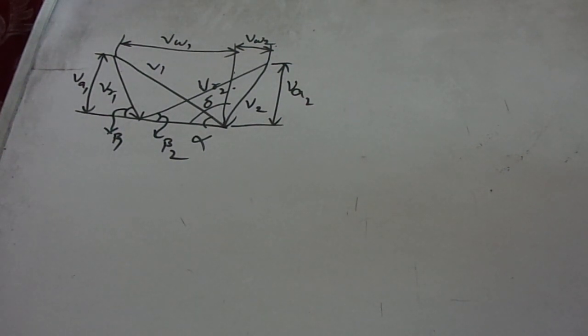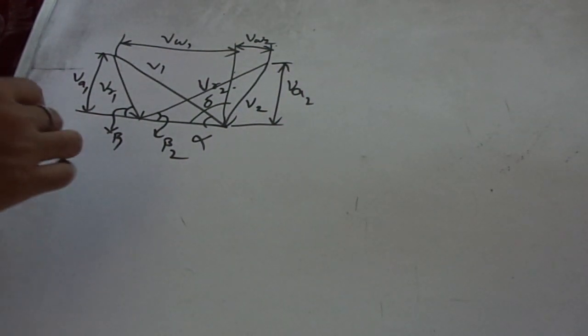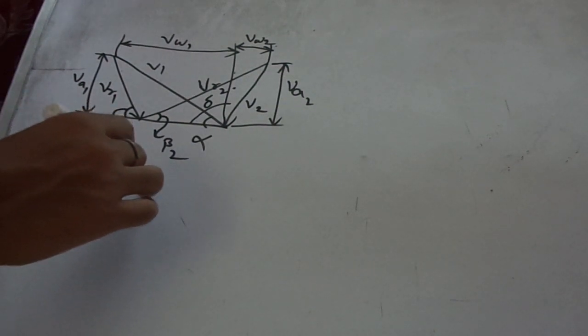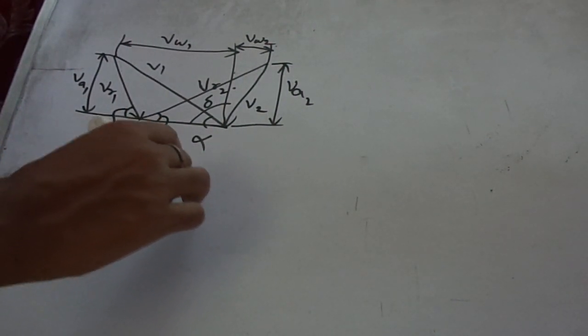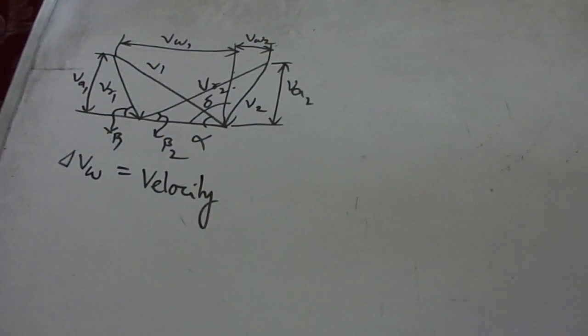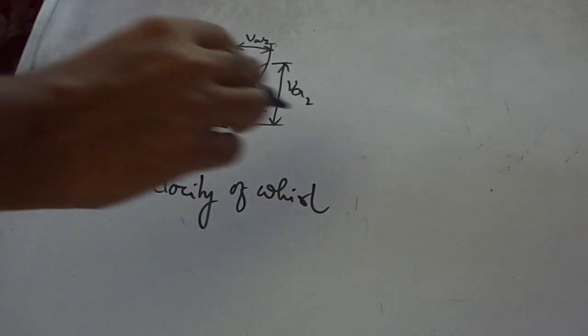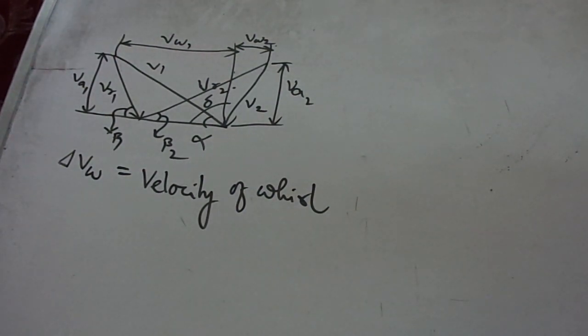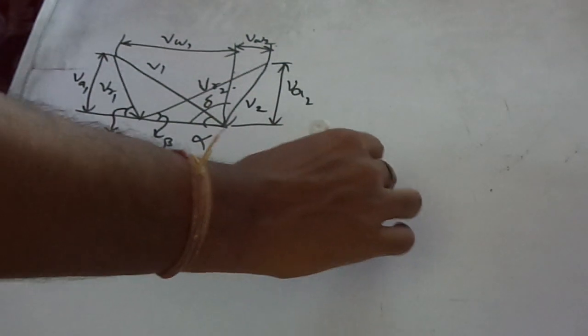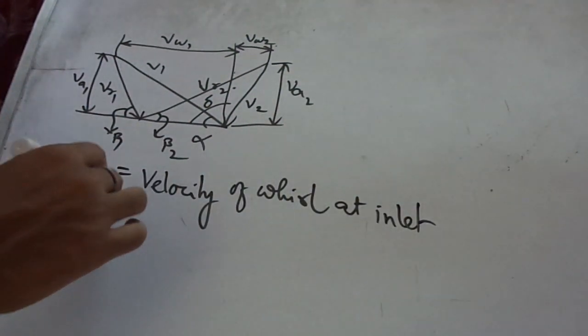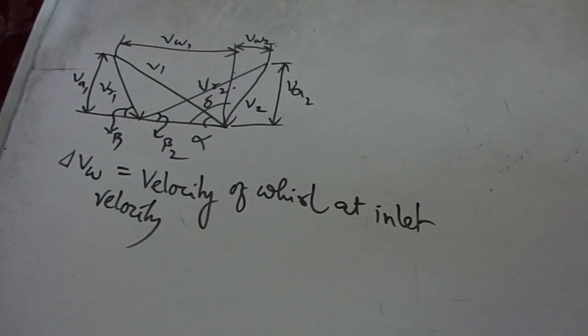So delta Vw, the change in velocity of whirl, is the difference Vw1 minus Vw2, the velocity of whirl at inlet and at outlet.